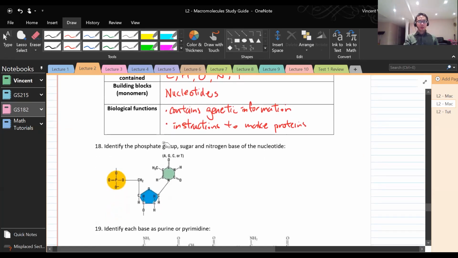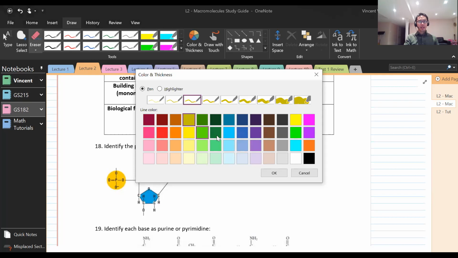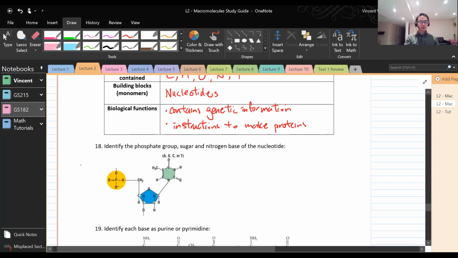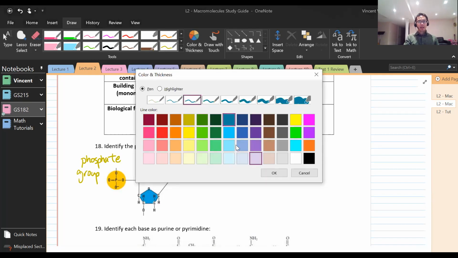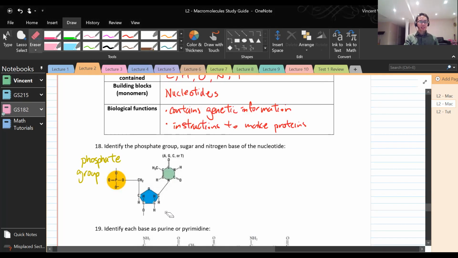So here is a nucleotide, the building block for nucleic acid. And we have 3 groups here. Over here, we have a phosphate group. It has a negative charge, so it's going to make the DNA negatively charged, the backbone anyways. We have a sugar here, and it might be missing an oxygen, it might not be.